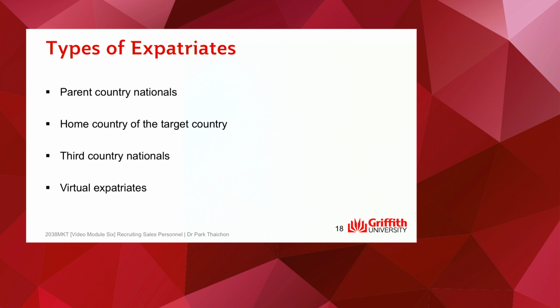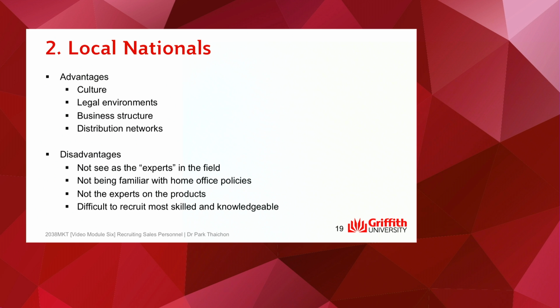All right, so next we are talking about local nationals, the second type of sales personnel. Local nationals are those from the local country of the local market. So if we target Thailand and want to open our business in Thailand, we hire Thai people to run the business.